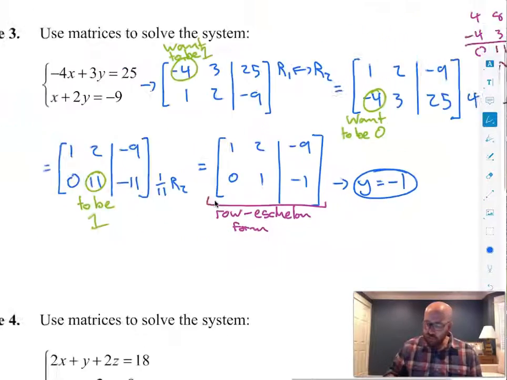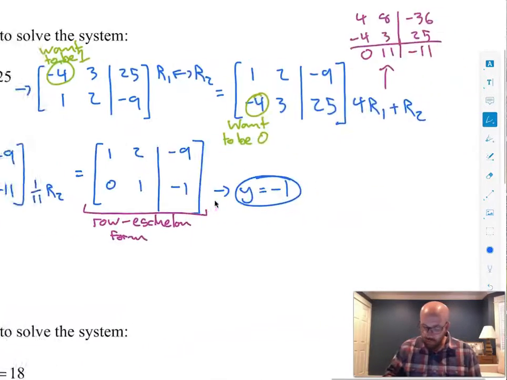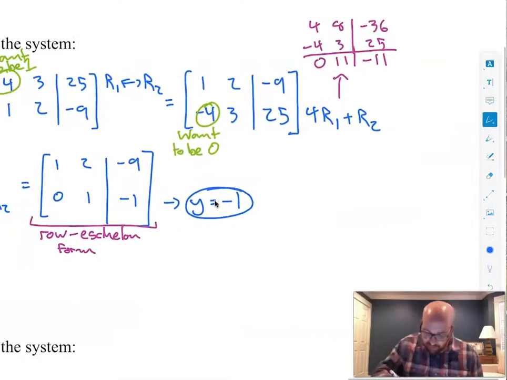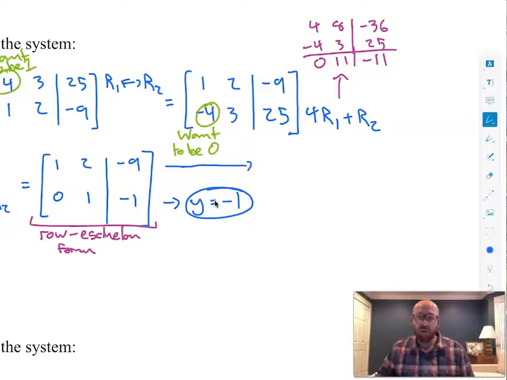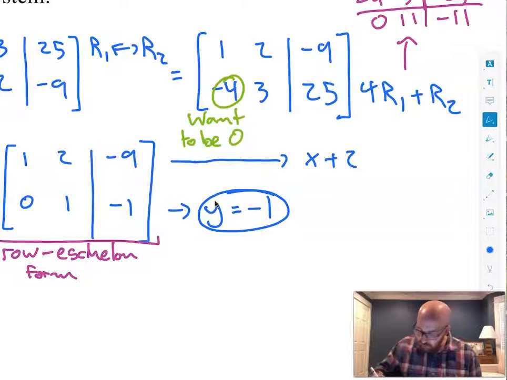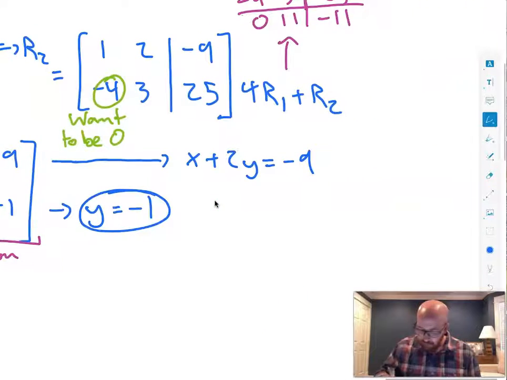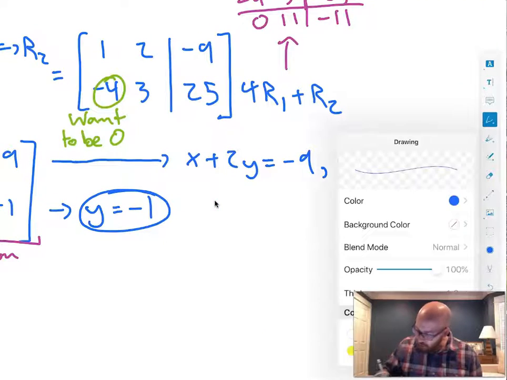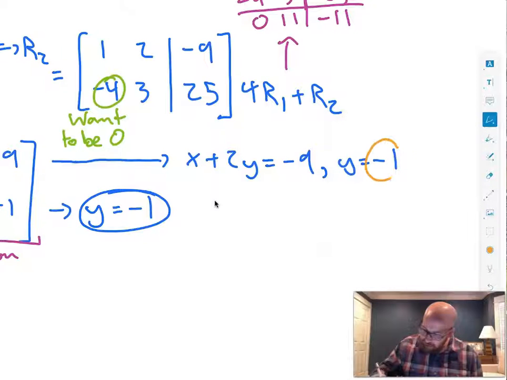And then I'm going to use back substitution to start solving for x. So the next thing I'm going to do is I'm going to take row 1. Row 1 implies that we have x plus 2y equals -9. We know that y is equal to -1, so I'm going to plug in -1 for my y, and we get the following.